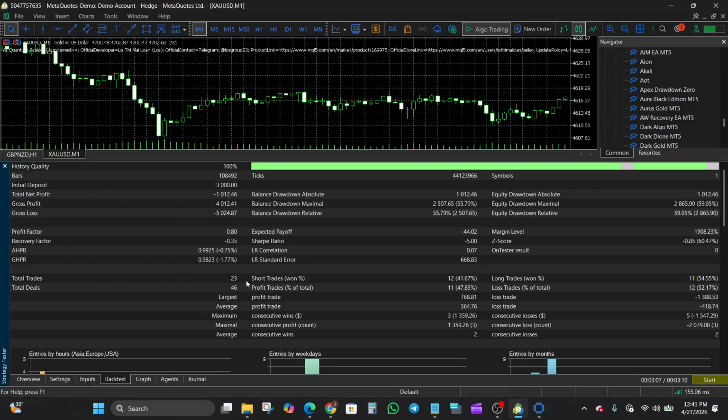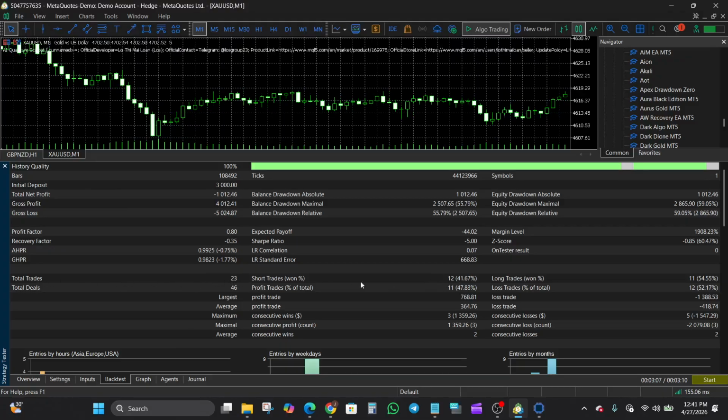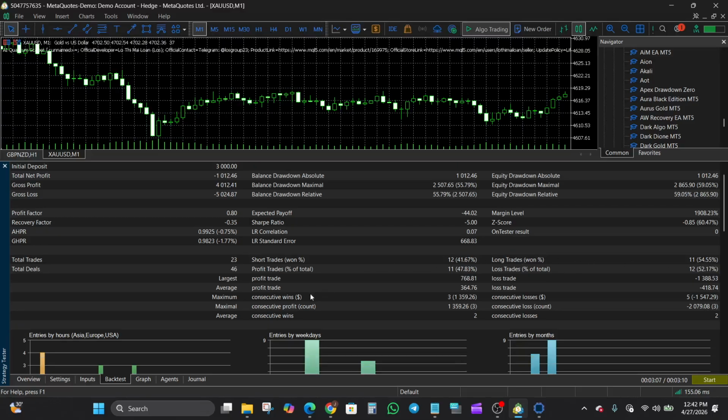And we have 23 total trades, 12 short trades with a 41.67% win rate, 11 long trades with a 54.55% win rate, and we had the largest profit at 768.81 US dollars. The largest losing trade was 1,388 US dollars, and then the average profit was 364.76, while the average losing trade was 418.74.